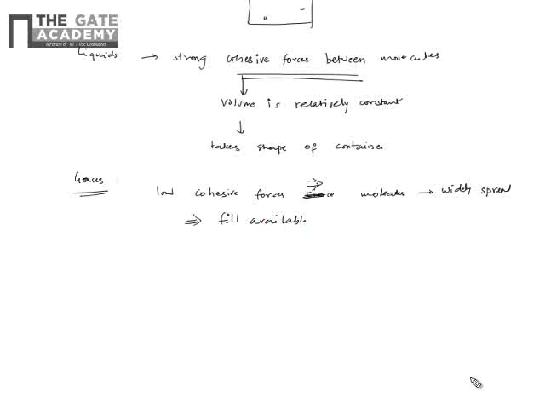So that's the difference between a liquid and a gas, and why one takes the container shape and the other fills the available space: the cohesive forces between the molecules.